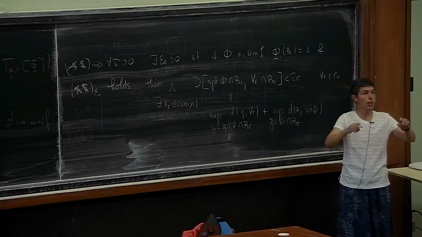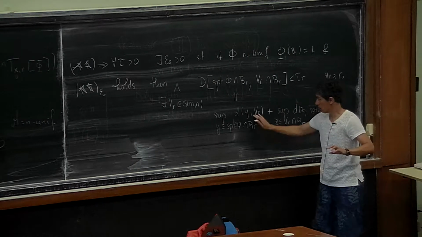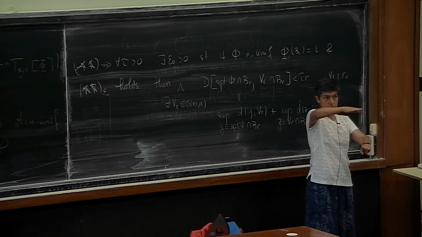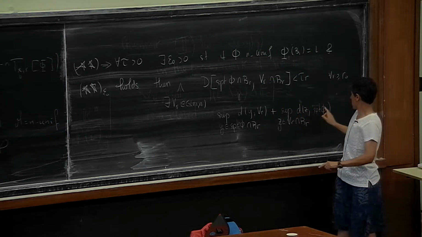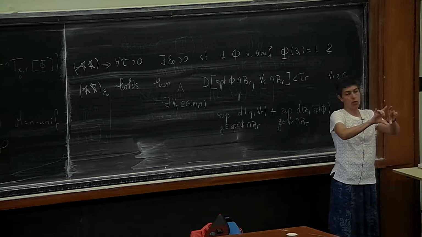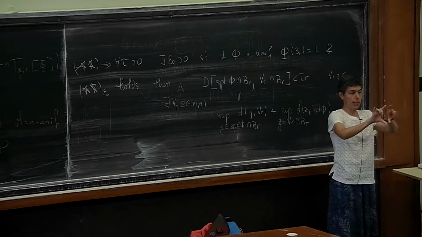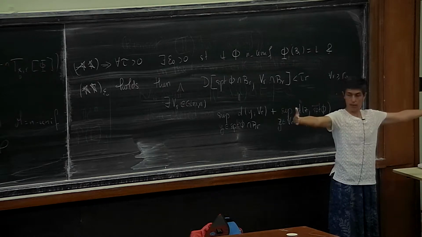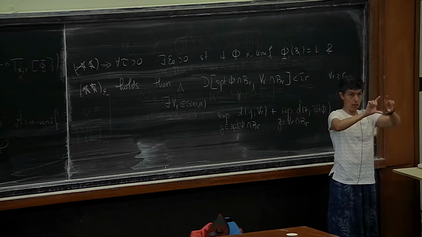And if you think of it, what this means is this is a plane. What this is simply, a rectangle, or in codimension more, a cylinder of width at this radius tau r.